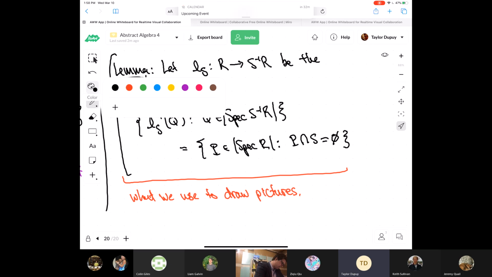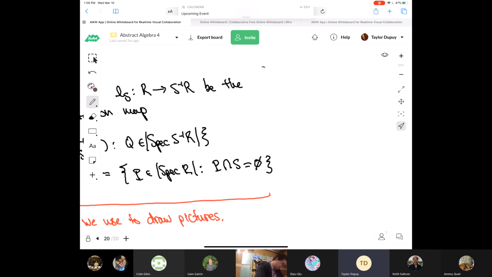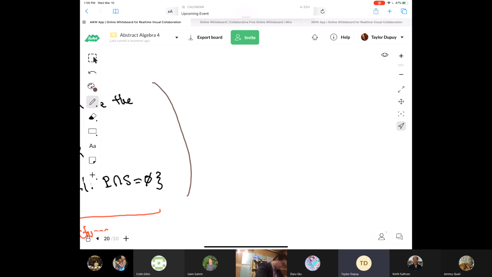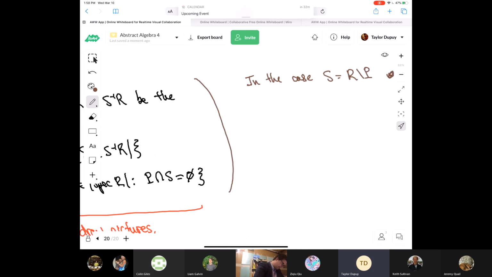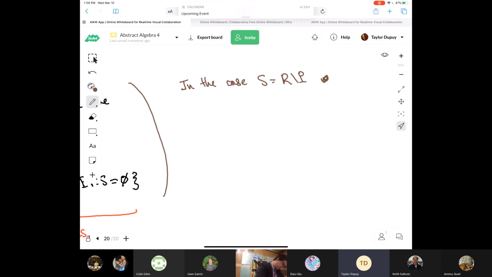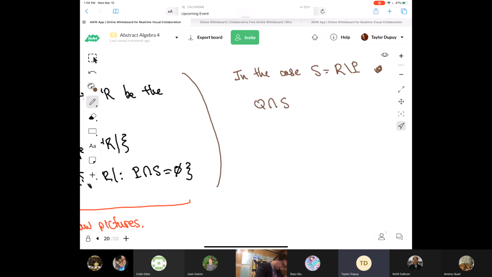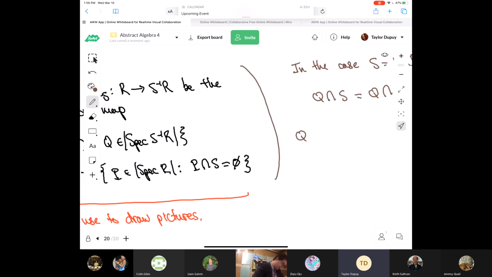This is the statement that I made before: in the case of S equal to R set minus P, then for Q, Q intersect S is equal to Q intersect. Here I'm taking Q in Spec R.